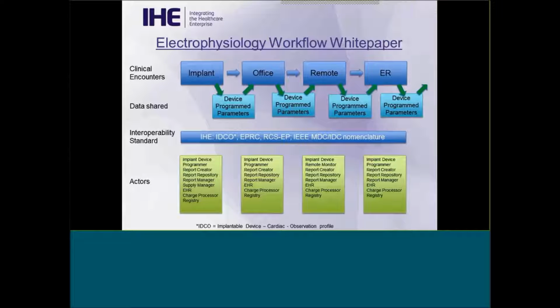So the actors, for example, in that first stage would be the implanted device, the programmer, the report creator, report repository, report manager, EHR, charge processor, and registry. And it's a little bit different for each stage. I won't go through each stage, but those are the actors that we need to consider.